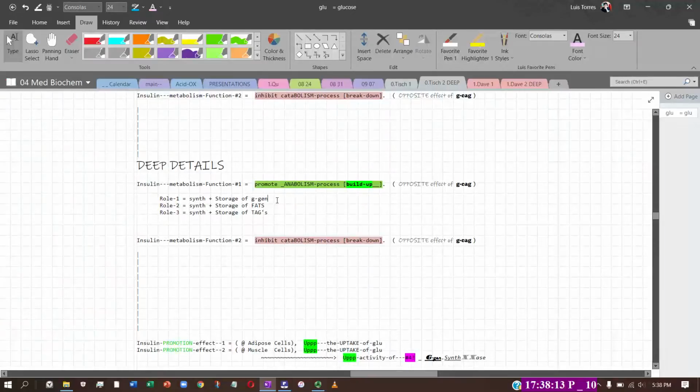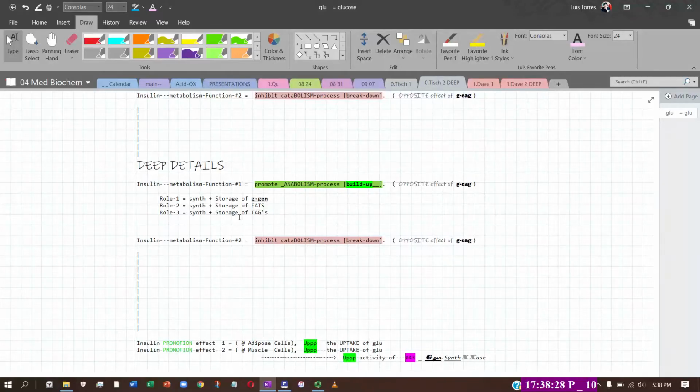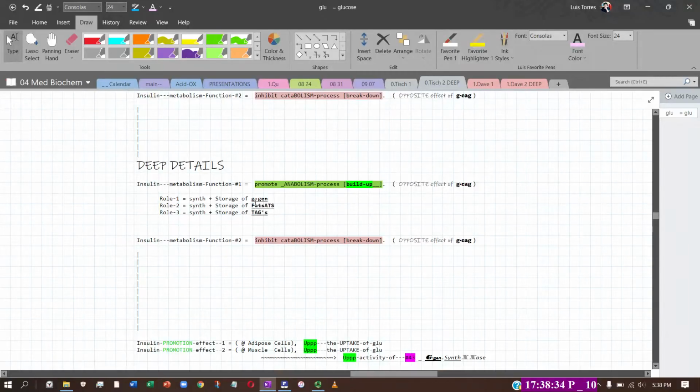First, under the promotion of anabolic processes, insulin has 3 roles. Role number 1 is the synthesis and storage of glycogen, synthesis and storage of fats, and the synthesis and storage of triacylglycerides, of TAGs.